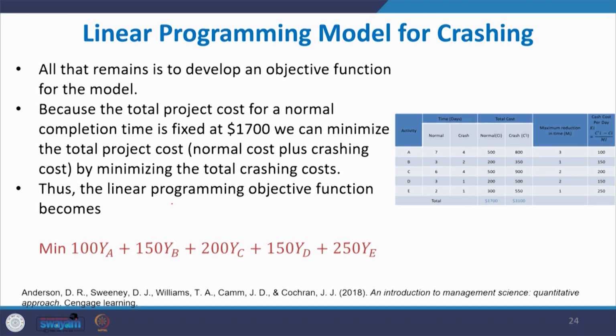So, the linear programming objective function becomes 100 YA. How did we get this 100? If you reduce the duration of activity A by 1 day, the cost will be 100. So, how many days we have to reduce is YA, and YB, YC, YD and YE. So, the objective function is minimizing the total crashing cost.